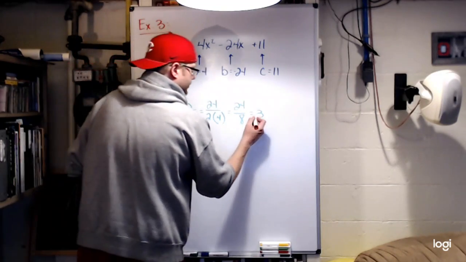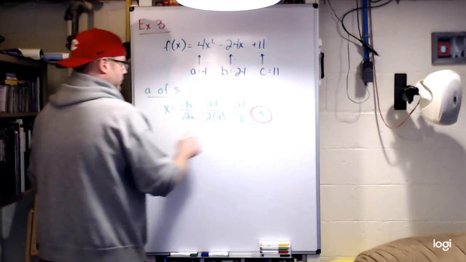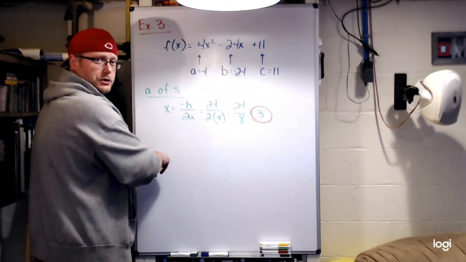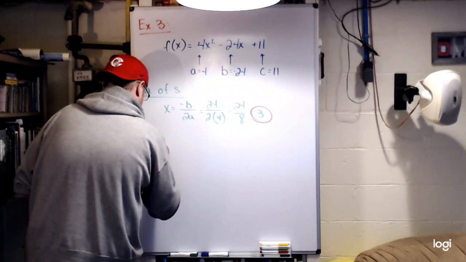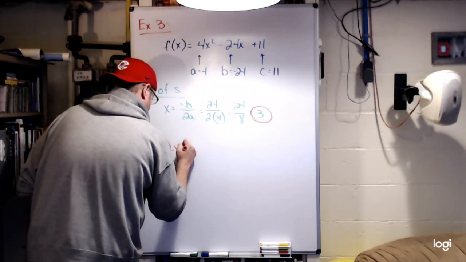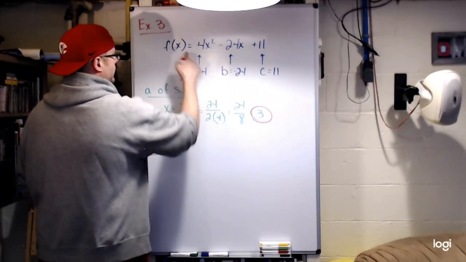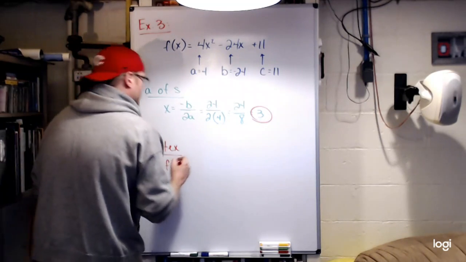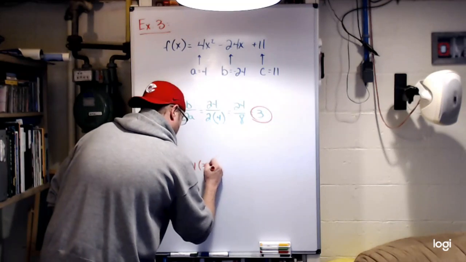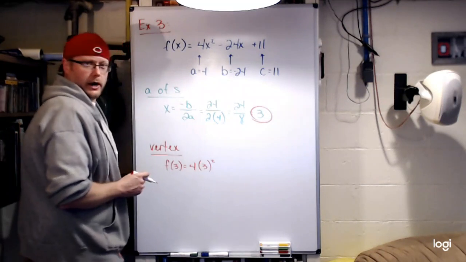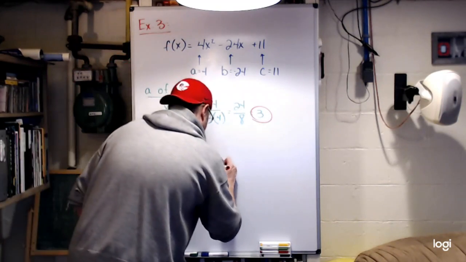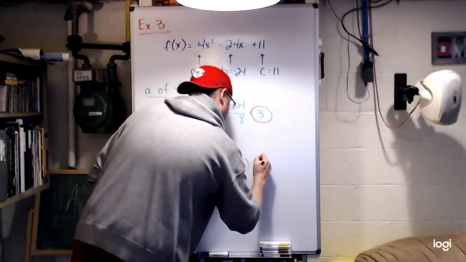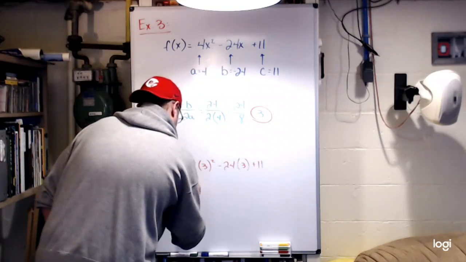Take your axis of symmetry, plug it back into your function. That'll give you your vertex. So your vertex in this case, 3 goes in, so f of 3 equals 4 times 3 squared minus 24 times 3 plus 11.